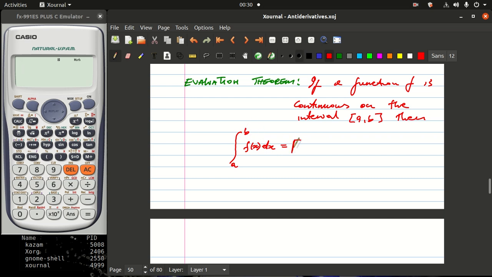So this must be equal to capital F of b minus capital F of a, whereby capital F of x is a particular antiderivative of that.